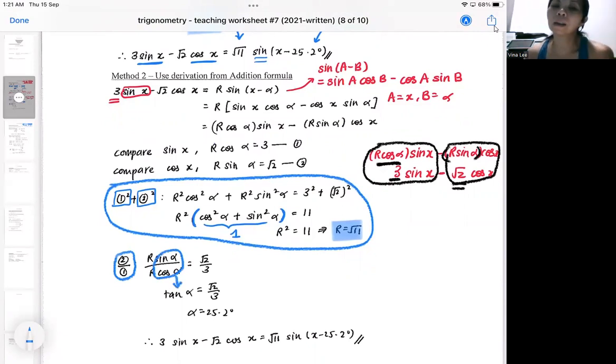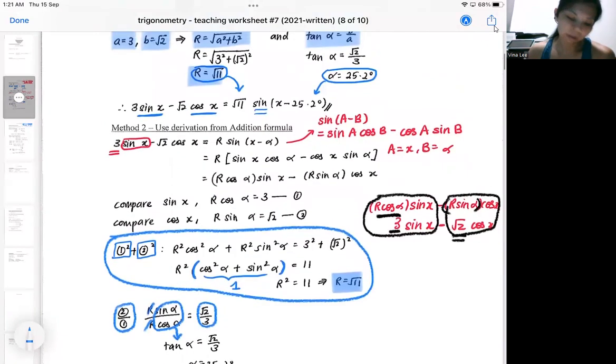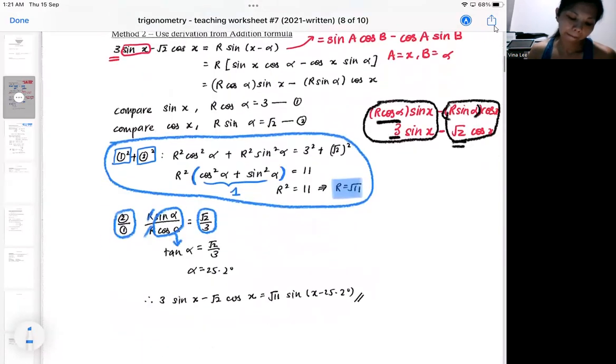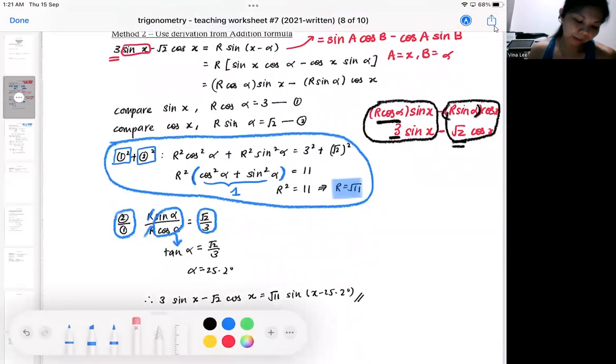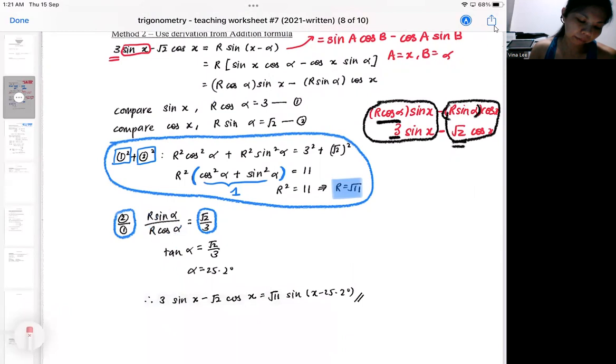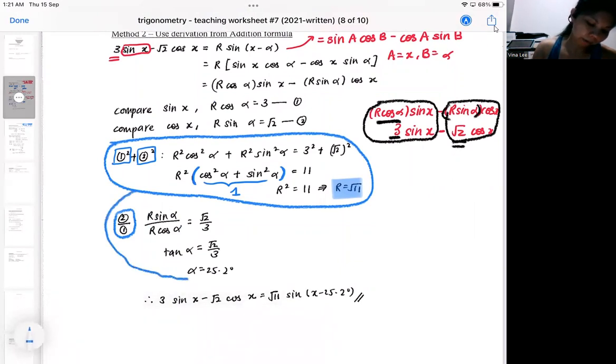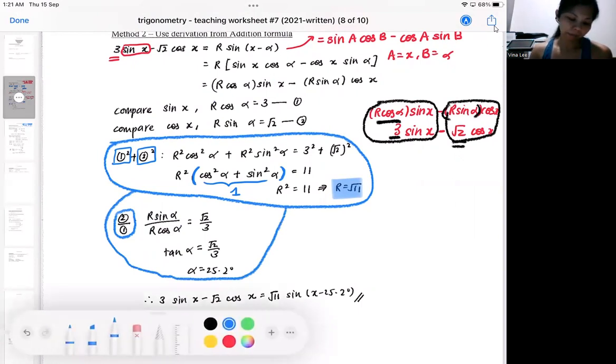I do left side divide by left side, right side divide by right side. So I still get the same answer as my method 1, the same conclusion. I will be doing these 2 standard steps.